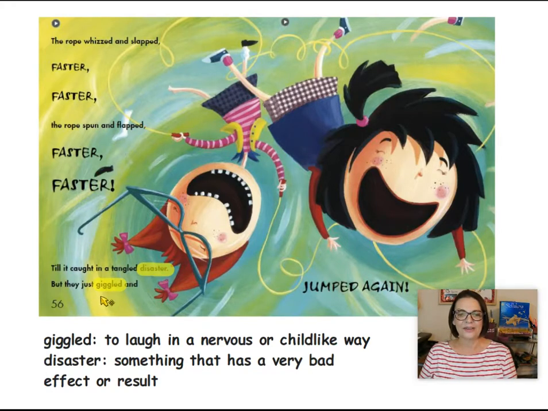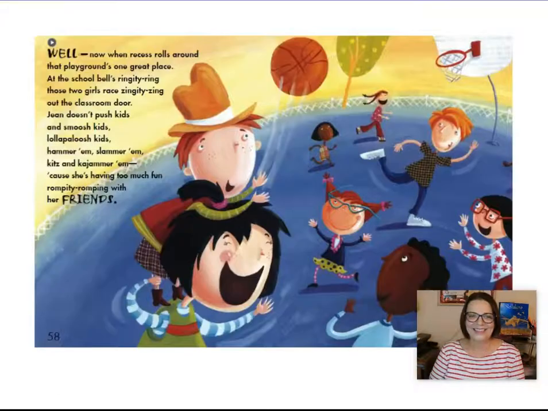And the word giggled means to laugh in a nervous or childlike way. So in the sentence, till it caught in a tangled disaster, it means that something bad happened, and I can see their jump ropes are all twisted and they're falling down, but the girls just giggled. So that means they just laughed at what was happening.